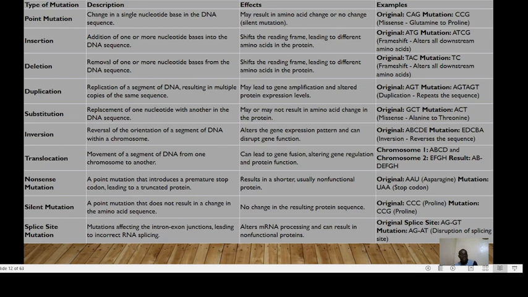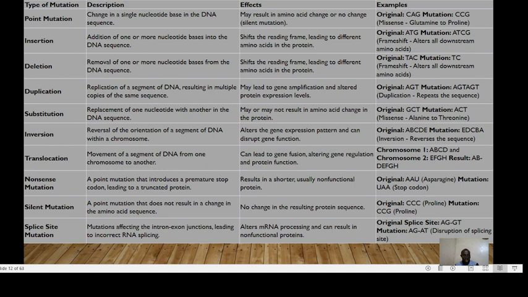So once this is done, it leads to a premature stop. We also have silent mutation, which is a point mutation that does not result in a change in amino acid sequence. So no change in the resulting protein sequence. Like we had proline, which is CCC, it mutates to form CCG, which is still proline.